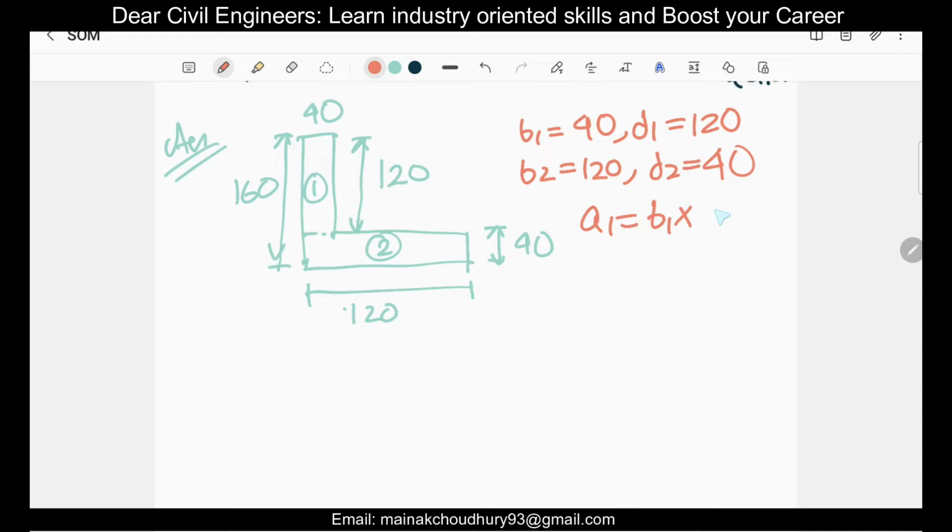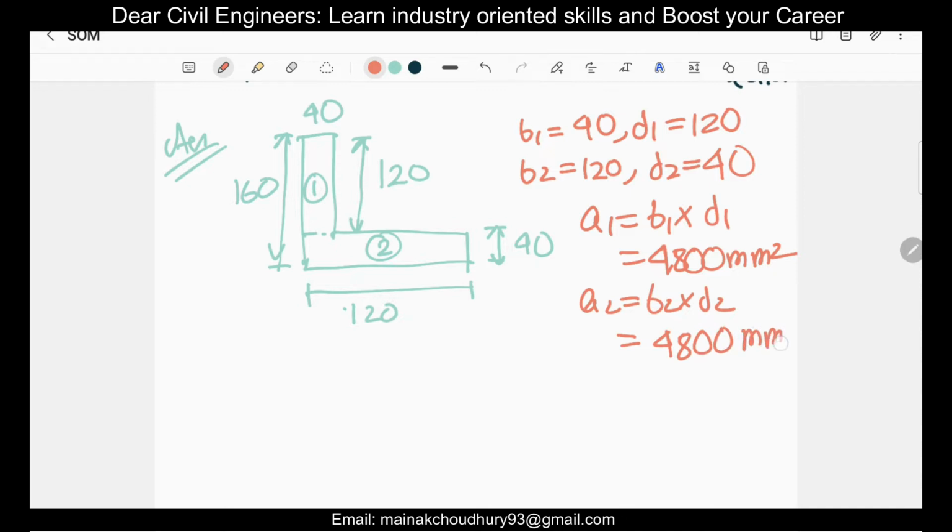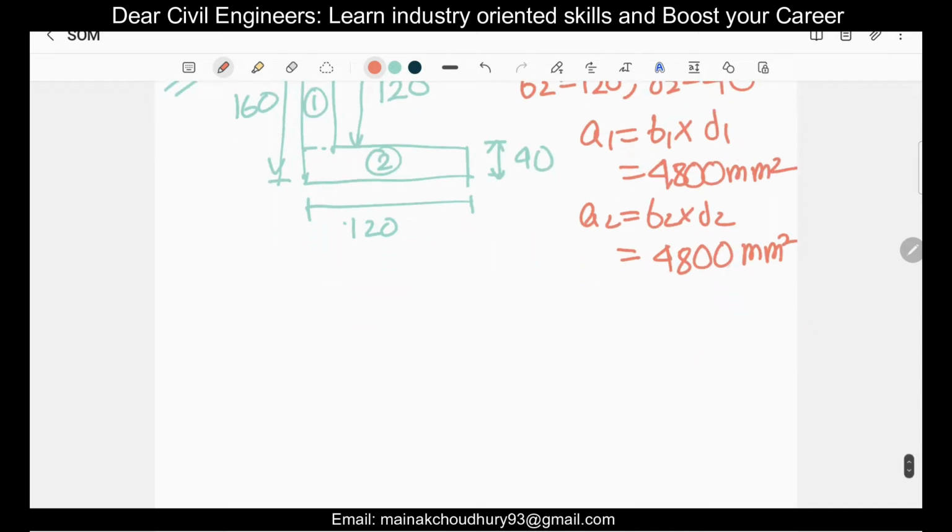So a1 will be 40 into 120, which equals 4800 mm square. Similarly a2 equals b2 into d2, which is 120 into 40, again the same answer, 4800 mm square.